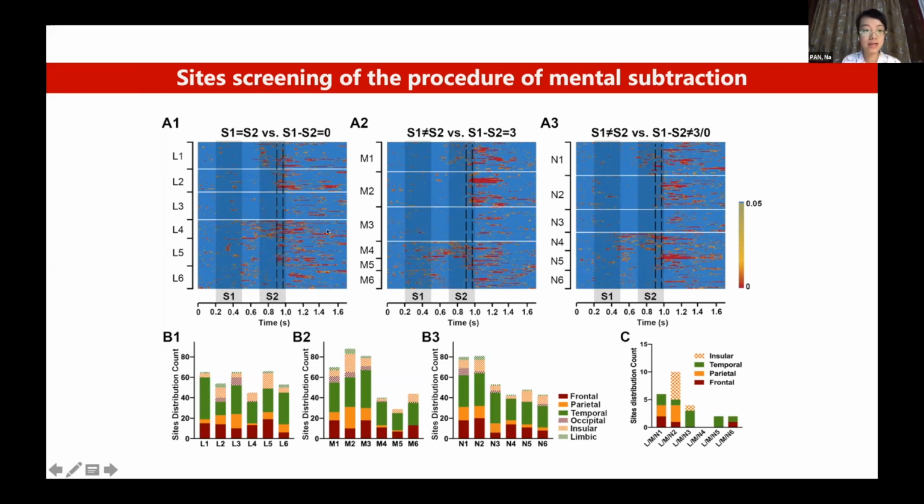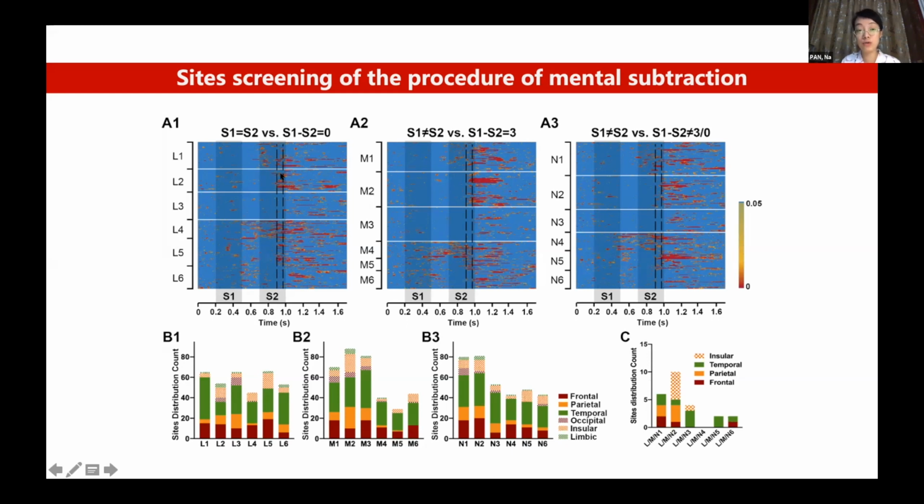We also get 3 clusters. In the first cluster, the difference occurred as soon as S1 onset, and all the sites in cluster 1 are distributed in temporal, parietal, and frontal lobes.